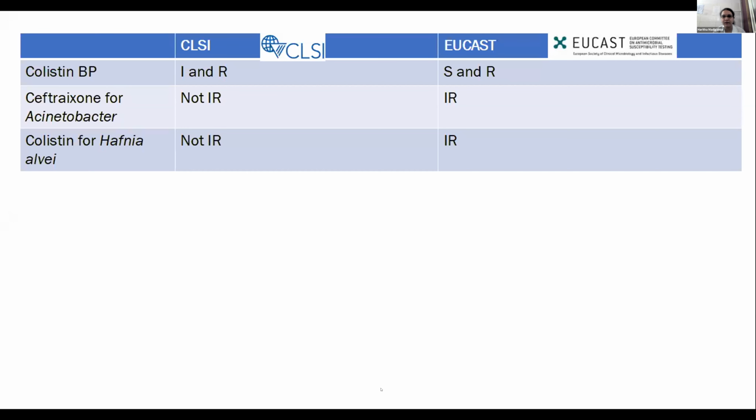But in EUCAST, ceftriaxone is given as intrinsically resistant for Acinetobacter. Also one more example, colistin for Hafnia. It is not intrinsically resistant according to CLSI, but EUCAST has given it as intrinsically resistant. So these are only superficial examples of the differences between CLSI and EUCAST.